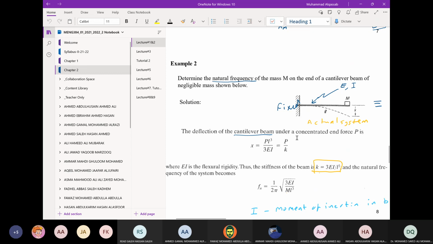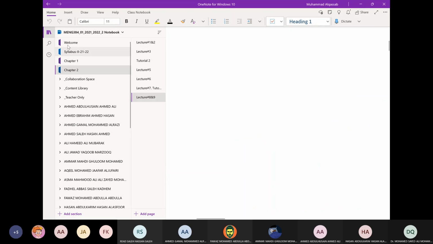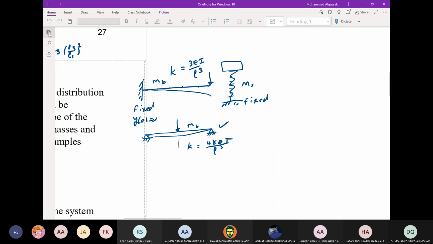And then the natural frequency is equal to square root of k over m, and k is obtained by k equivalent, which is 3EI over L cube. The additional thing here is that their masses are not neglected compared with the mass we have.